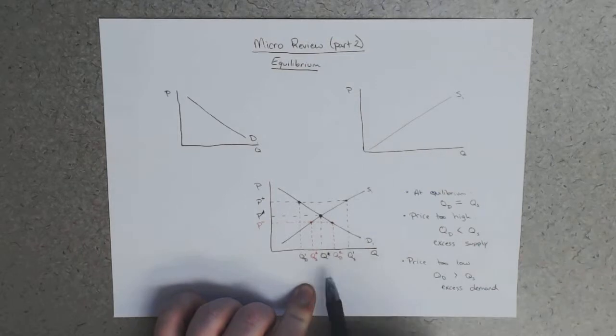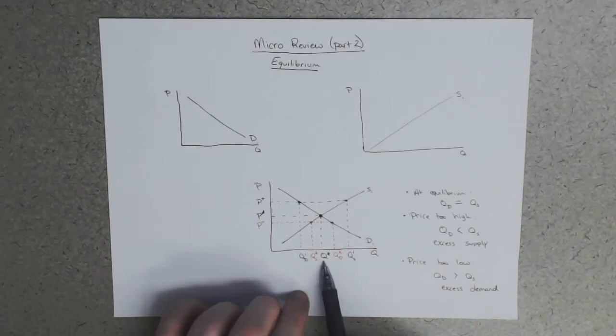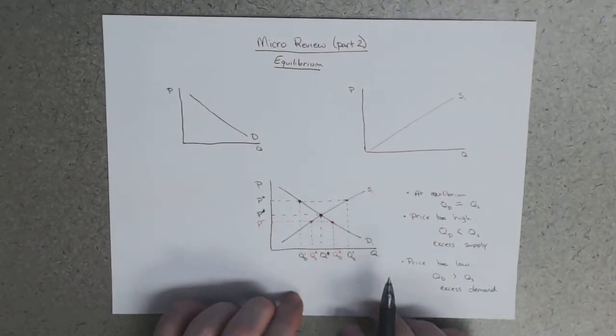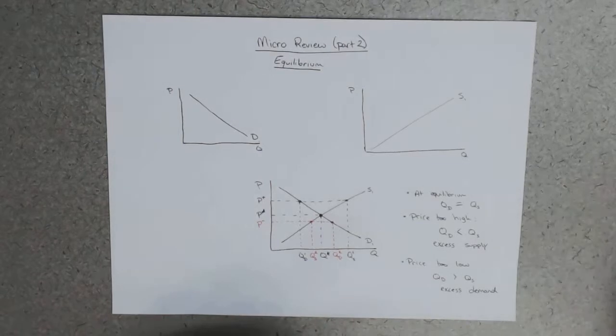So from here to here, this is decreasing production, and you guys are going to want to buy more. Okay, so there's a difference. The producers are producing less, and you guys want to buy more, so we call that an excess demand, okay?